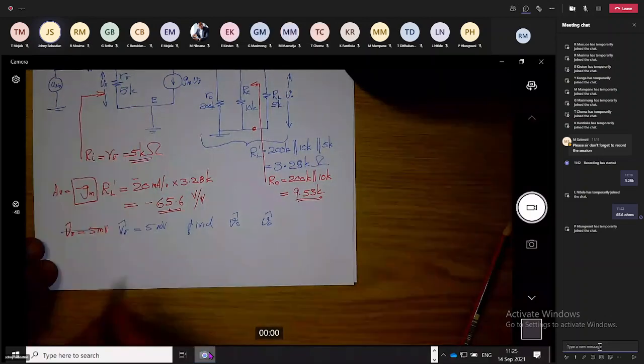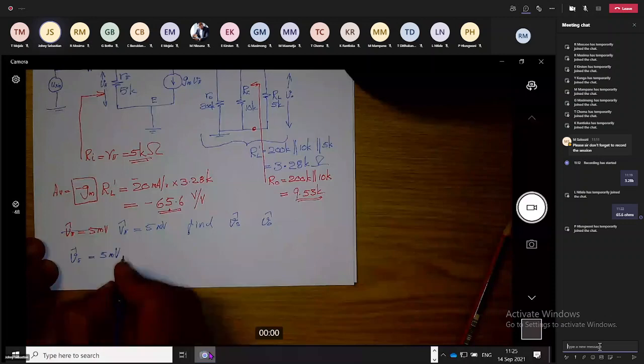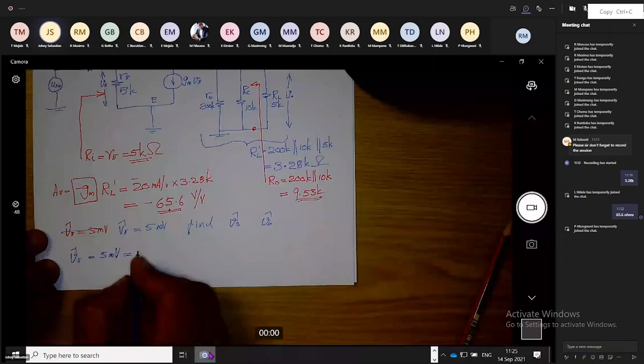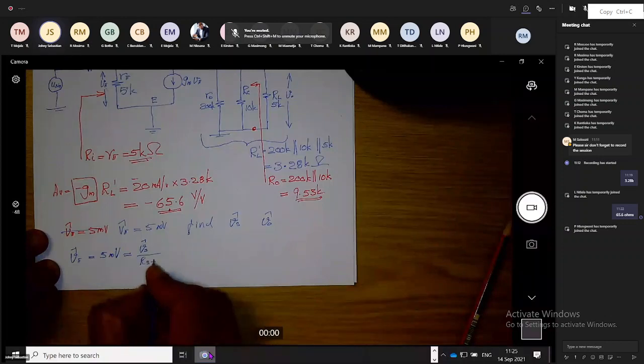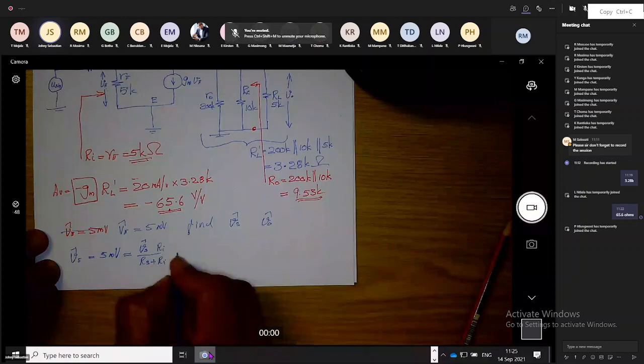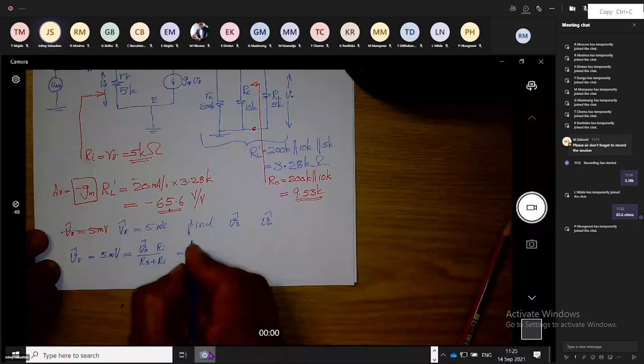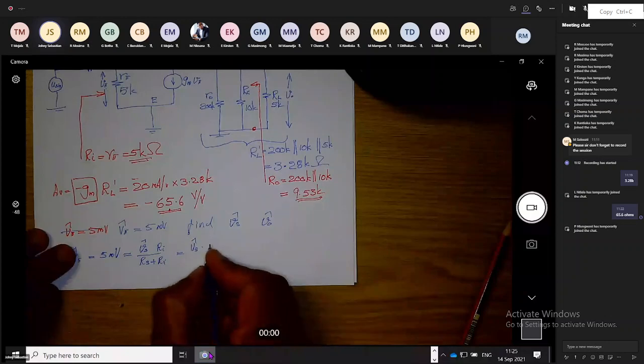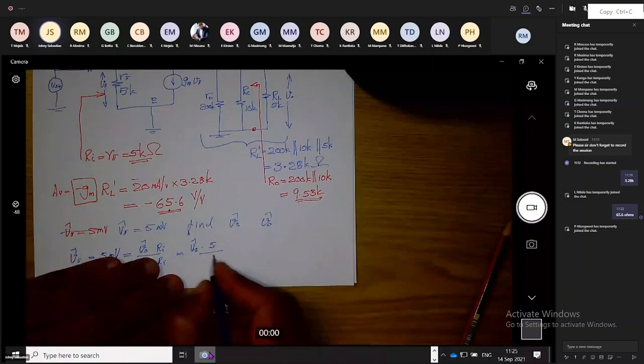V pi peak equals 5 millivolt equals Vs peak divided by Rs plus Ri times Ri. This is Vs peak times Ri is 5K divided by 5K plus 5K, 10K.